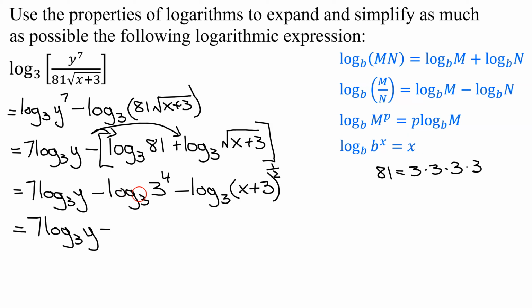So I have log to the base 3 of 3 raised to the 4th power. These two bases are the same, they're inverse functions, so I'm just going to get left with 4. Minus, now using the power rule again, bring the half down in front. So I have minus 1/2 log to the base 3 of x plus 3.